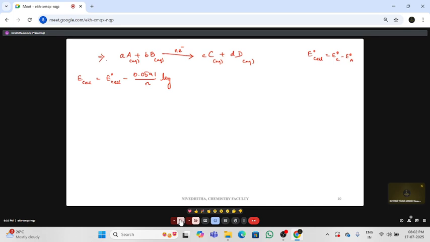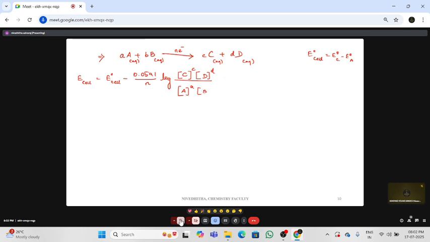According to this equation, what are all the products here? C and D are products, right? A and B are reactants. So for the concentration of the products, we have to write the number of moles as the power. So C power c and D power d, and in the denominator, A power a, B power b.